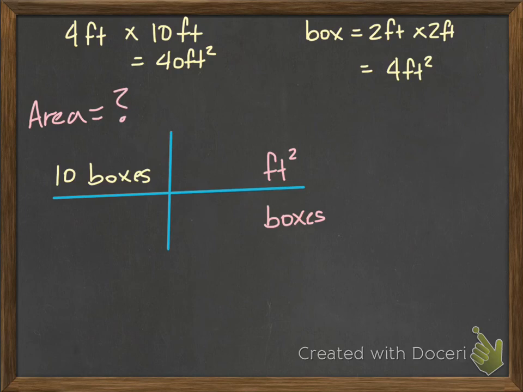And then I have this conversion, right? One box is 4 feet squared. Now I can actually do the math. So boxes cancels with boxes, and then I have 10 times 4. So that gives me an area of 40 feet squared.